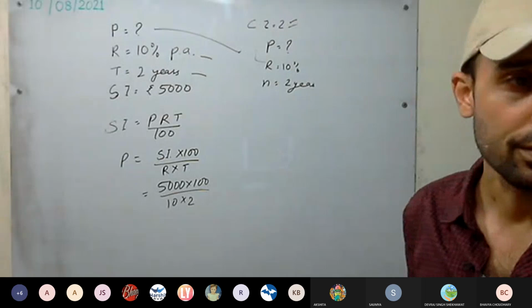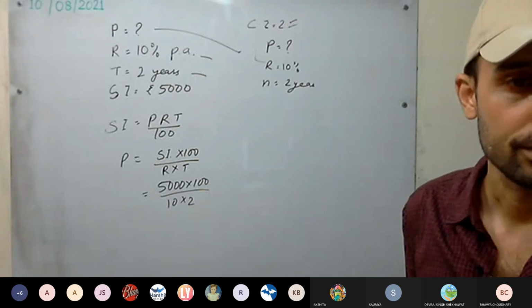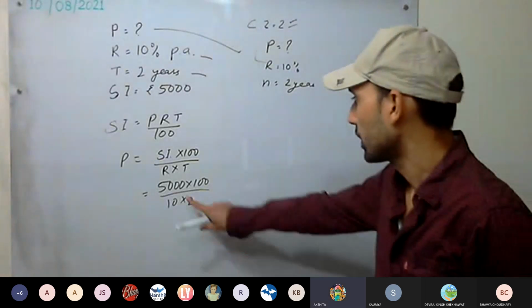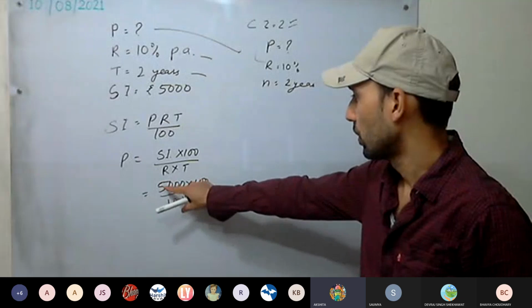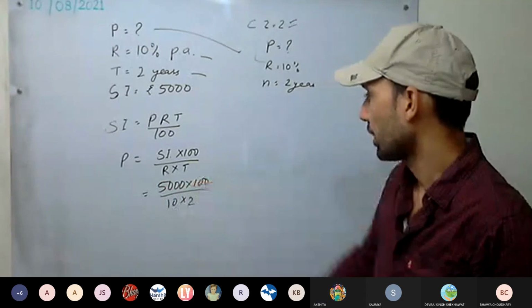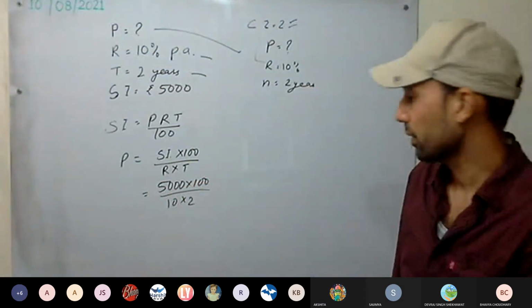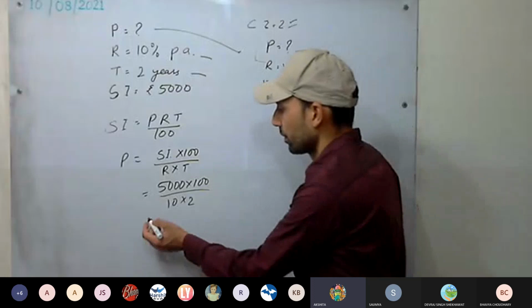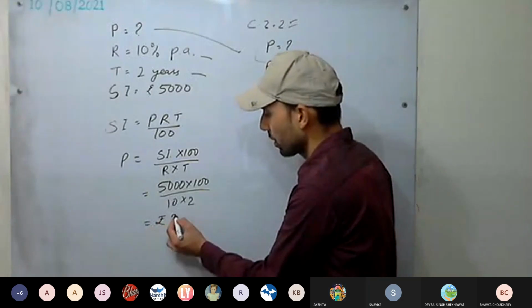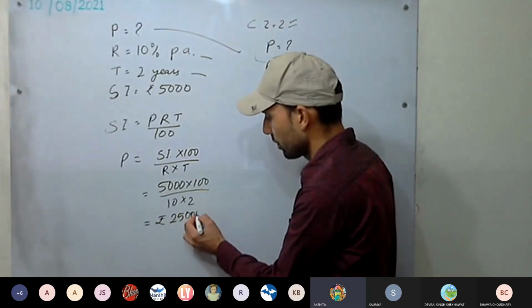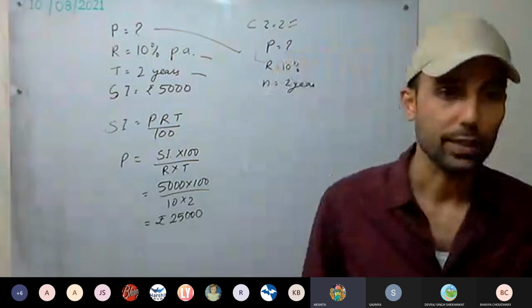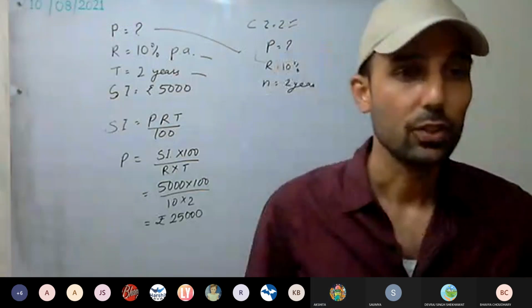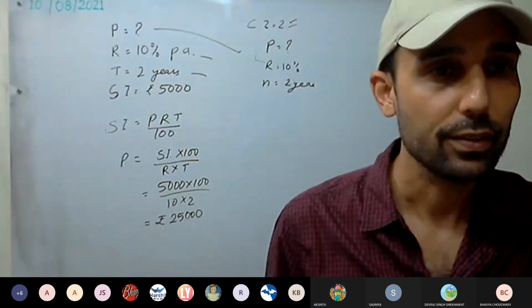How much is the principal? The zeros get cancelled. 2,500 into 10. Rupees 25,000. So you will be getting principal as rupees 25,000.